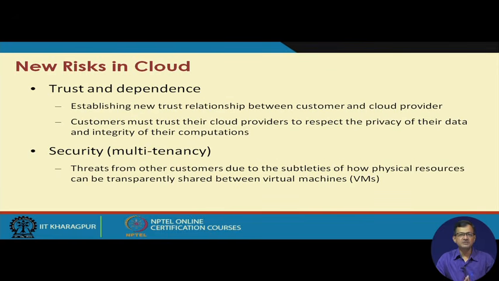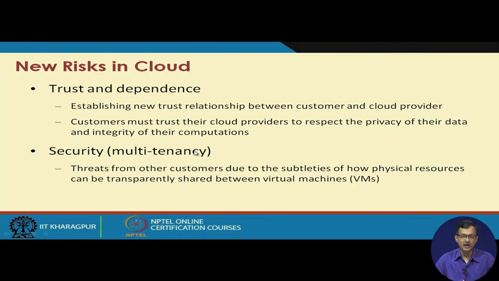So, what we have seen as new risks in cloud, one is trust and dependence, right. Establishing a new trust relationship between the customer and the cloud provider is important, because as a customer I am leveraging most of my data and most of my processes on the cloud, and I am going dependent on that cloud infrastructure. So, customers must trust their cloud provider to respect the privacy of the data and the integrity of the computations, right.